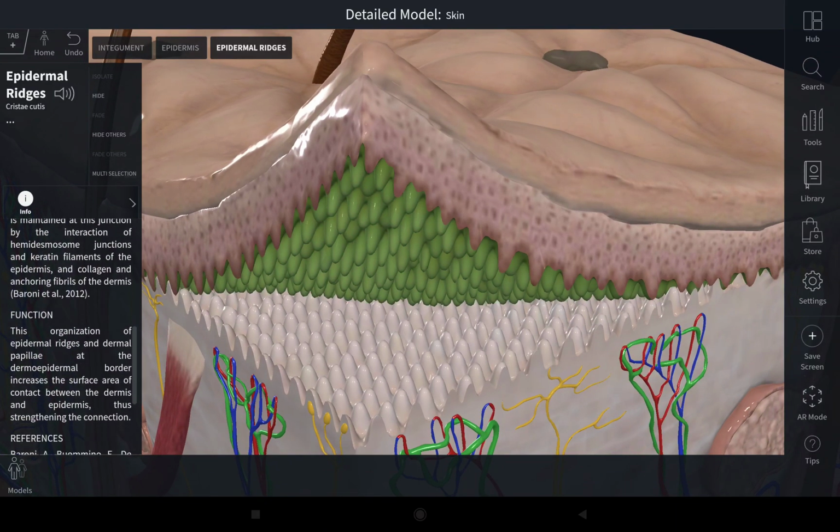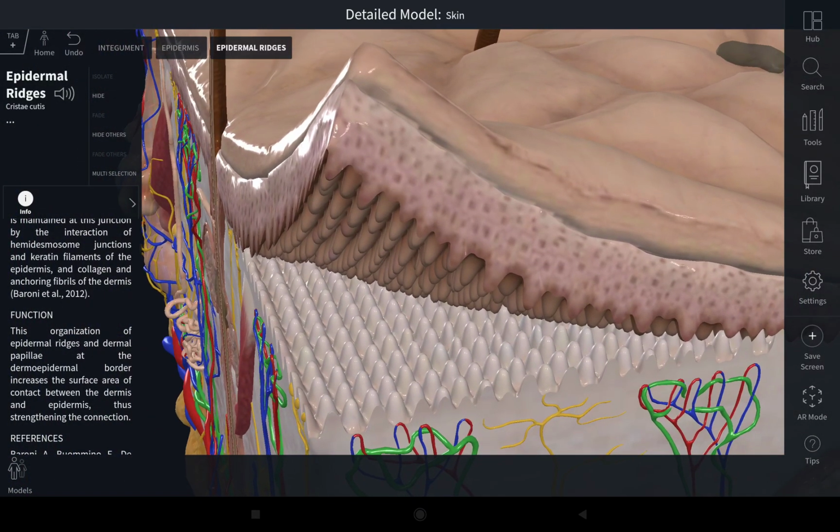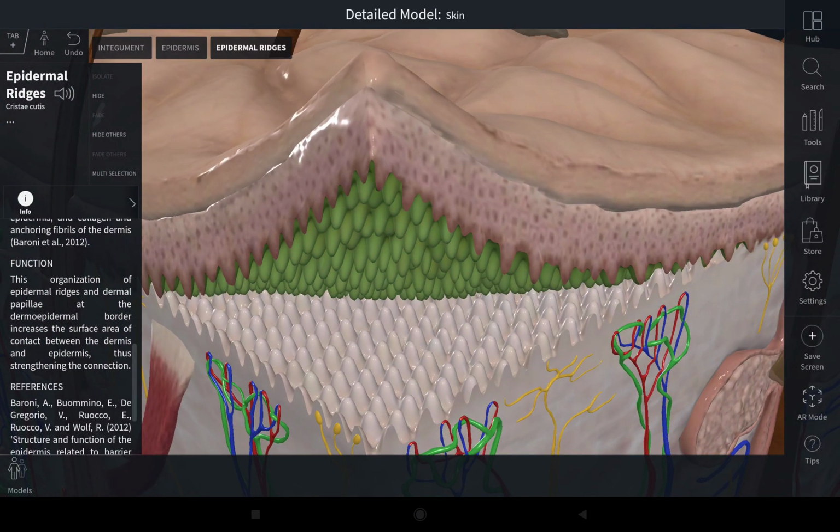Function: this organization of epidermal ridges and dermal papillae at the dermoepidermal border increases the surface area of contact between the dermis and epidermis, thus strengthening the connection of dermis and epidermis.